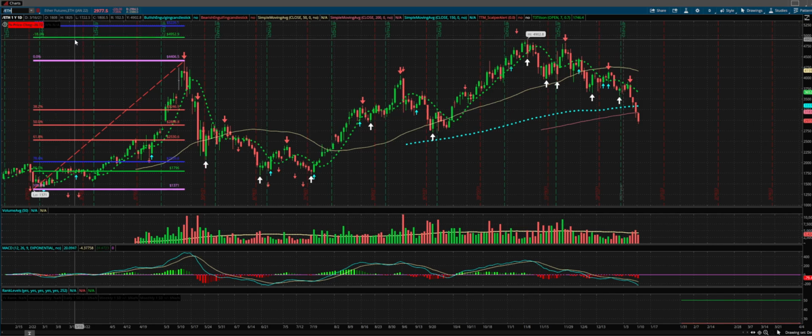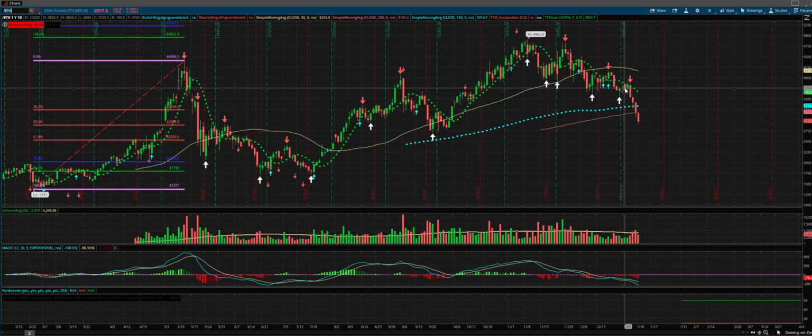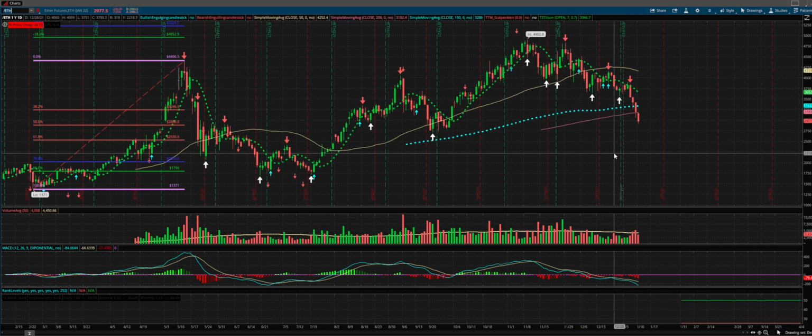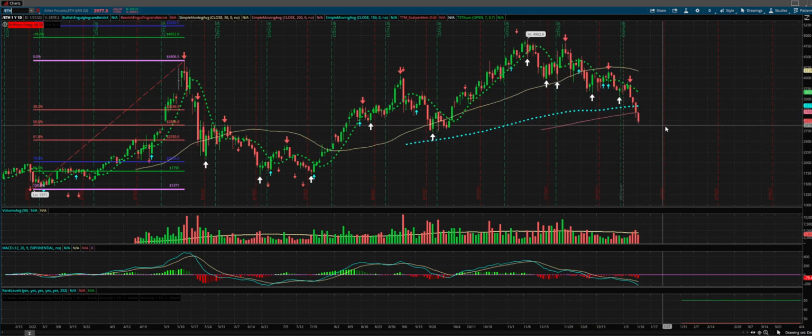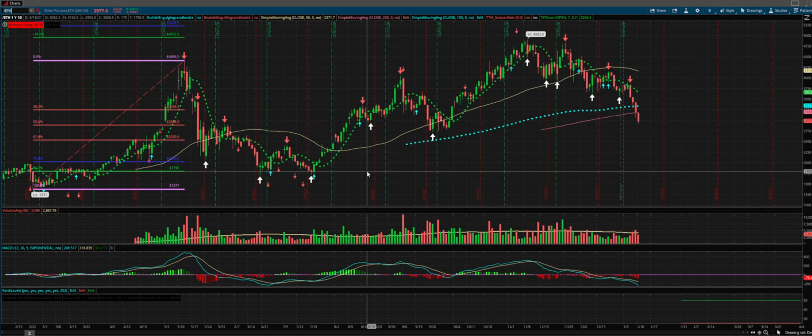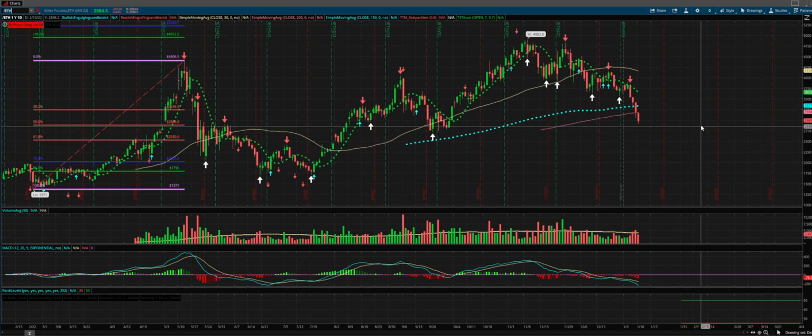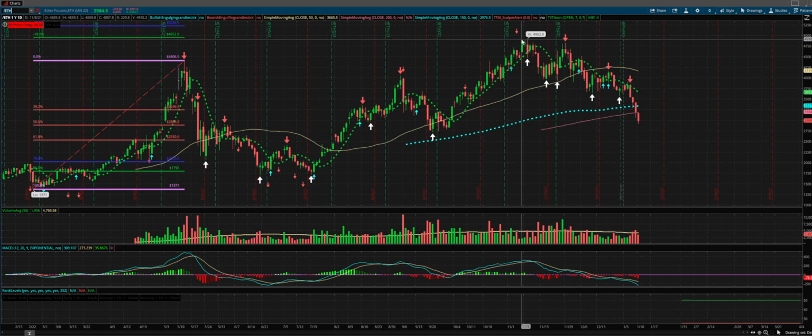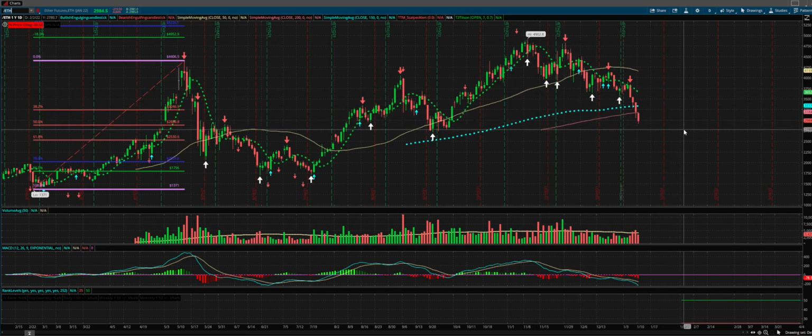So we didn't hit target, and then we started pursuing and going down. So we actually started making lower highs. Not a good sign, okay? This is a pretty significant pullback after missing target. So very cautious here as well.